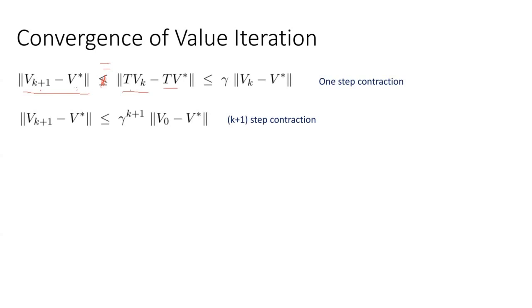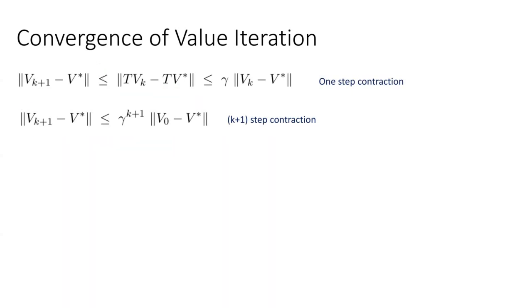So the norm of v_{k+1} minus v star is the same as the norm of Tvk minus Tv star. But now I know that T is a contraction mapping, so this is less than or equal to gamma times the norm of vk minus v star. Now I have vk minus v star, so I can write it in terms of v_{k-1} minus v star, and I can do this iteration.